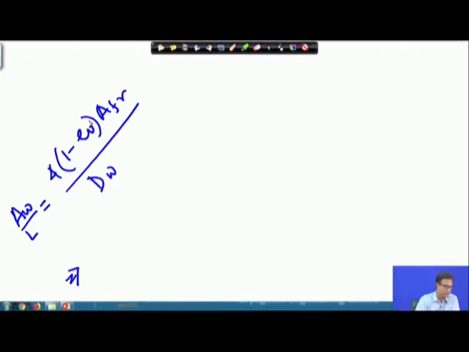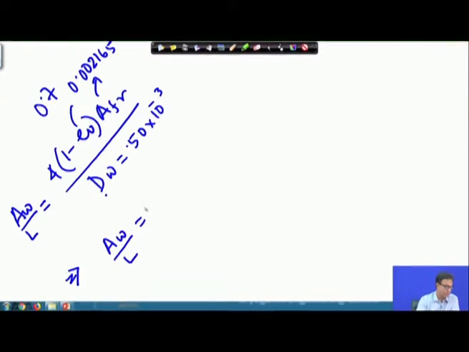If we put all these values, EV is 0.7, the frontal area is about 0.002165, and the wire screen diameter is 0.50 multiplied by 10 to the minus 3, we get AW by L equals 5.195 meter square per meter.